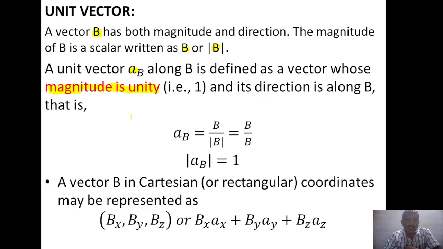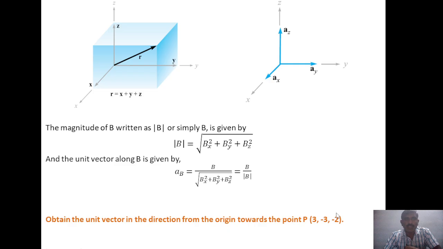The formula for the unit vector is the vector b divided by the magnitude of vector b. So the magnitude of a unit vector remains 1. Suppose the vector b is in Cartesian coordinates, we can represent it as bx, by, bz. Then you can write it as bx in the x direction, with unit vector ax, y direction ay, and z direction az. So this is about the unit vector.